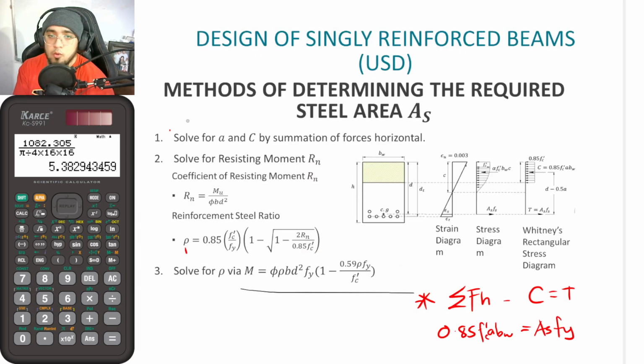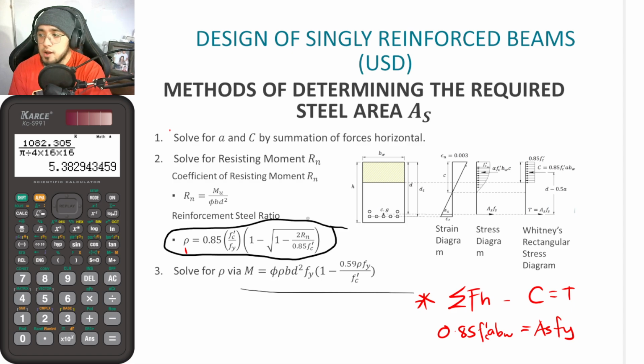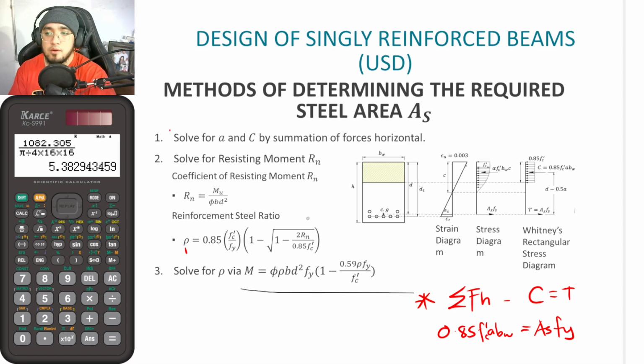What we did was solve for our As required using equation number 1. I will first solve via equation number 2, solving for the As required using this equation. Then I will check for the spacing requirements. So that is in the next video.